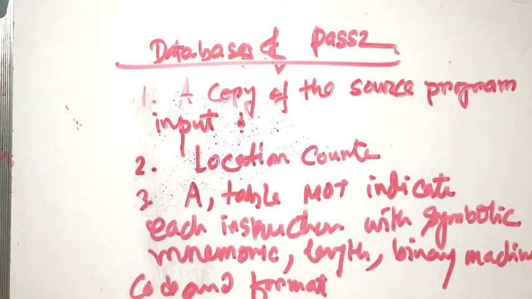This is the table that is used in pass2. So this is the third database.